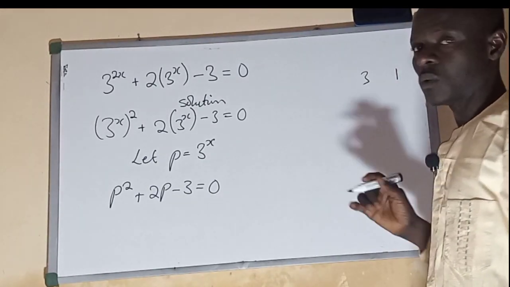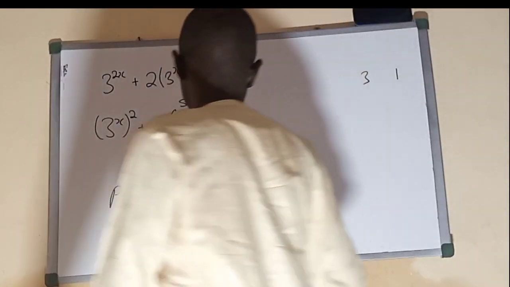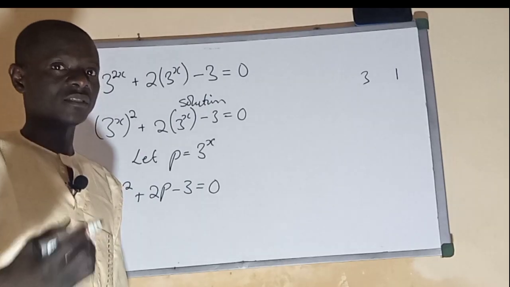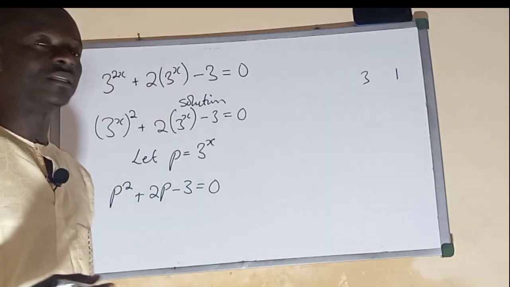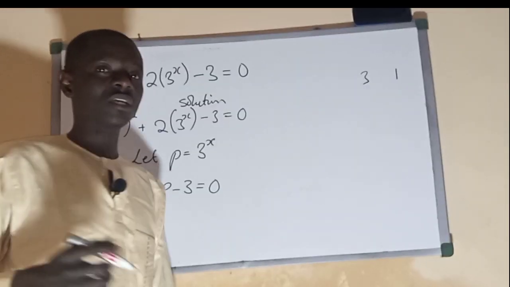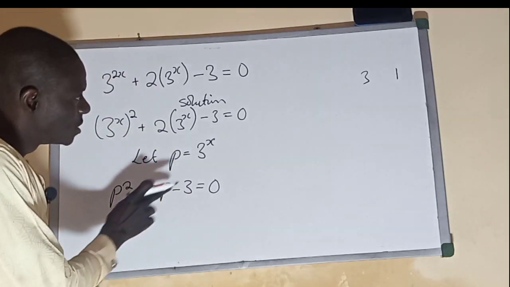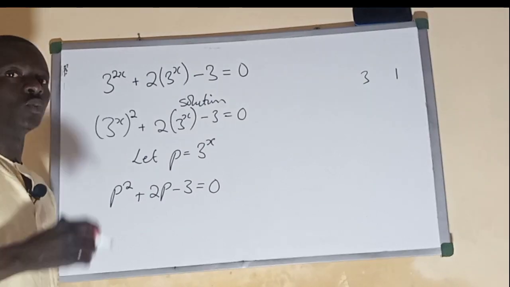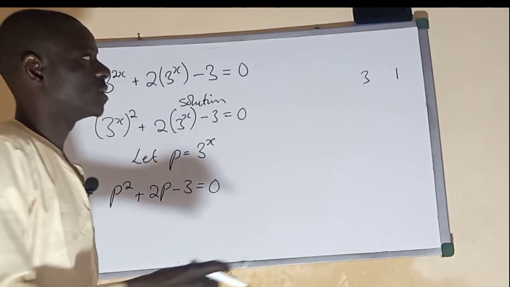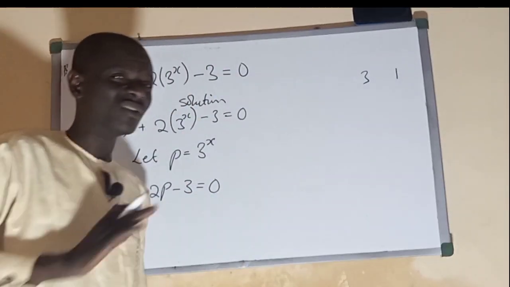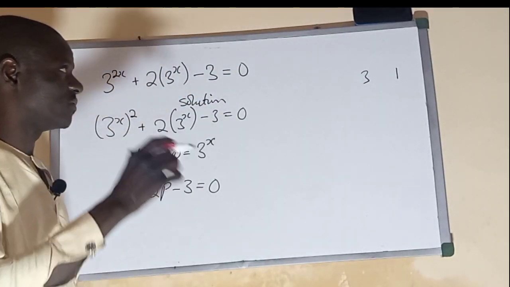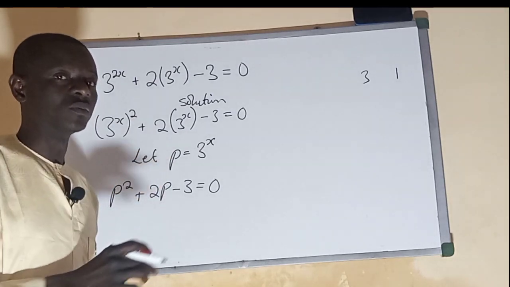Since we have 3 and 1, if we multiply 3 by 1, we have 3. Yes, we all believe that if we multiply 3 times 1, it will give us 3. But if we add 3 plus 1, will it give us plus 2? It will not. So now we have to manipulate these factors, since the only factors we have are 3 and 1, to give us plus 2.